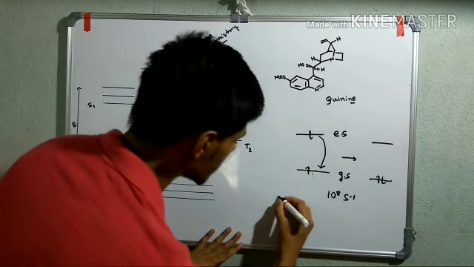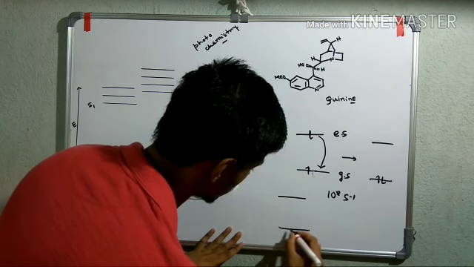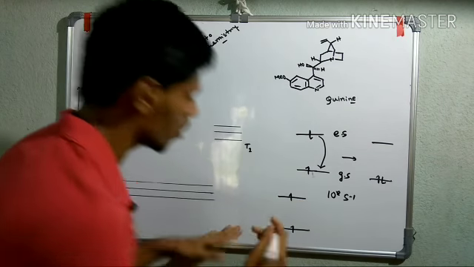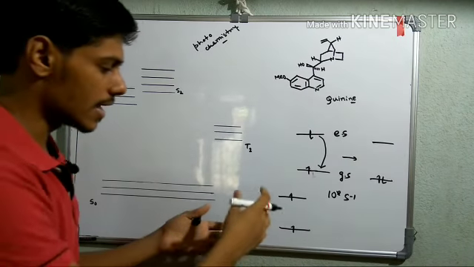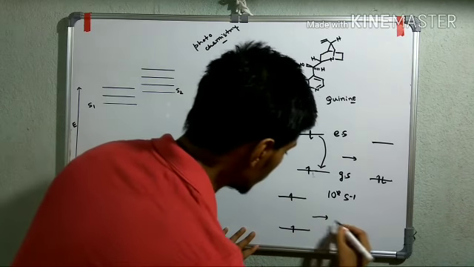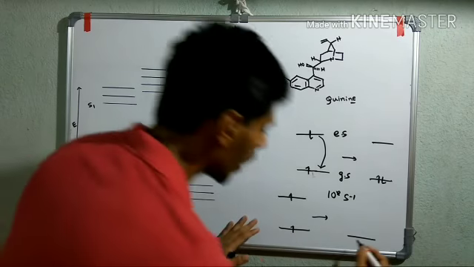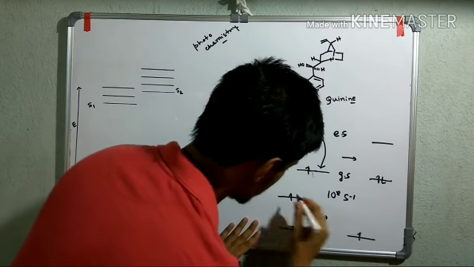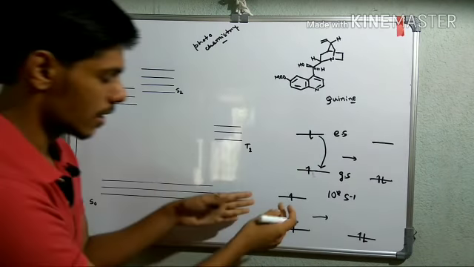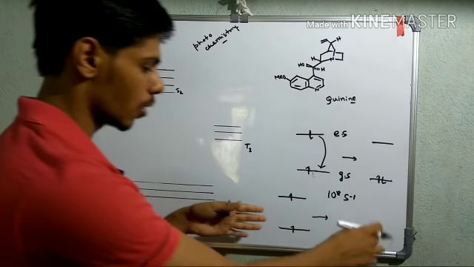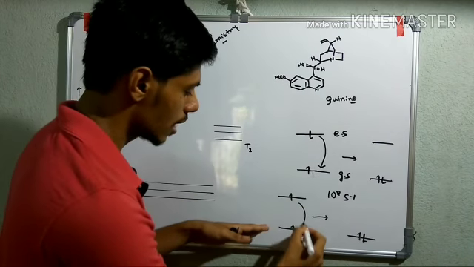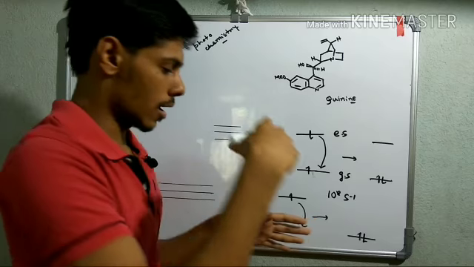Whereas let's say you have an excited state here and the ground state here, where your two electrons have the same spin, that is, they are not spin paired. When the transition from the excited state to the ground state has to occur, this electron has to alter its spin. You can see it has an up spin, but when it has to do the transition, it has to go to the down spin.